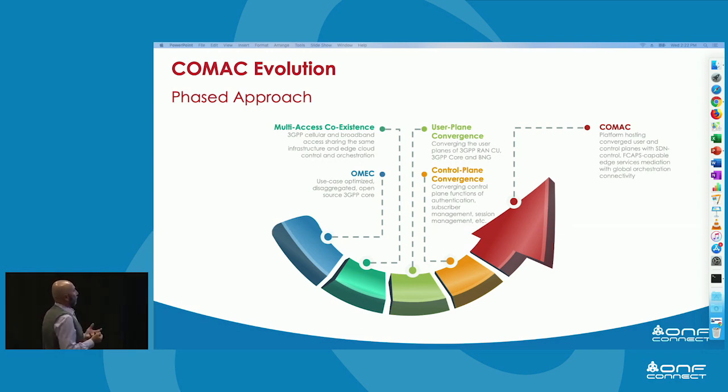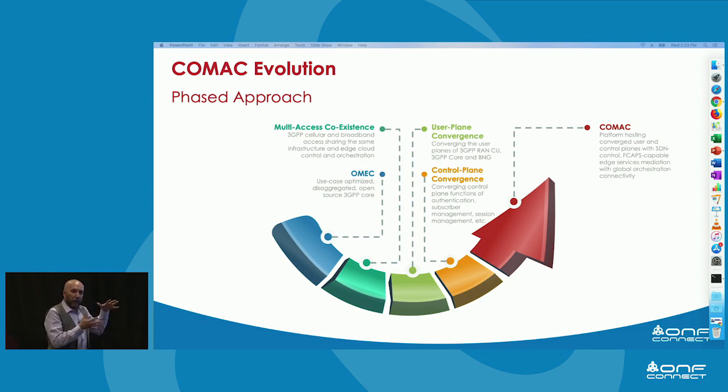And then the next phase would be to zero in on the platform itself. We need a platform where we can showcase that both mobile and broadband solutions can coexist and share the same infrastructure, the same cloud management system, and the same SDN control.